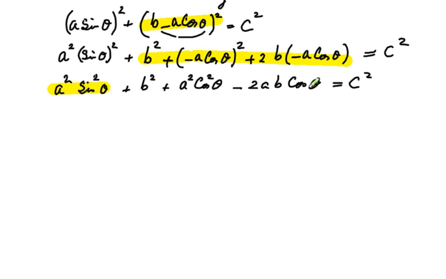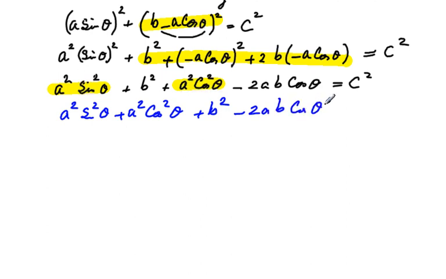Which term here is a... Very good. I said this is for the education majors. So the one that matches this thing is a squared. And so I write them next to each other: a squared sine squared of theta, and then a squared cosine squared of theta, plus b squared, I just wrote it next, and then minus 2ab cosine theta is equal to c squared.